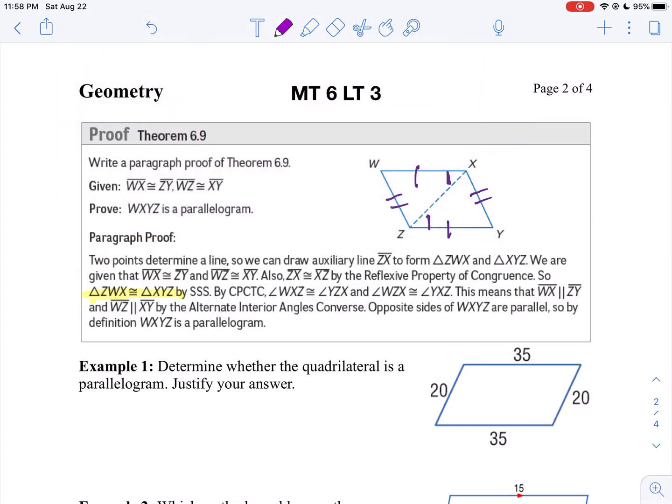That is, we know angle YXZ is congruent to angle WZX by CPCTC, corresponding parts of congruent triangles are congruent. Then, because these are alternate interior angles, that makes the lines parallel.